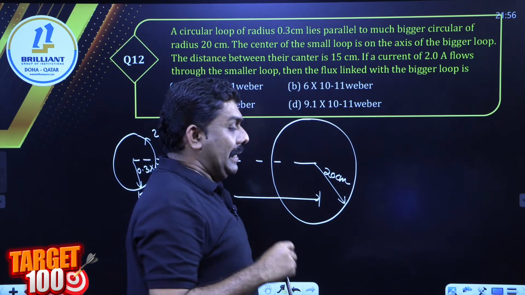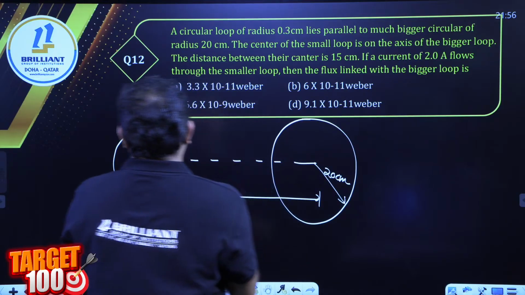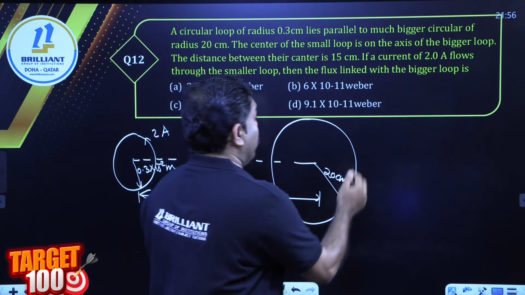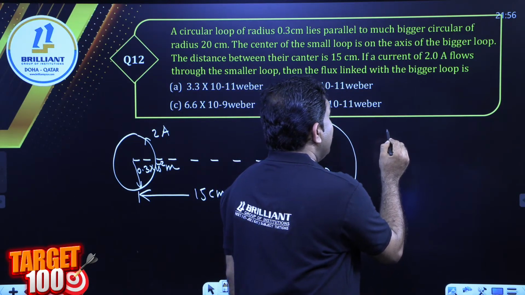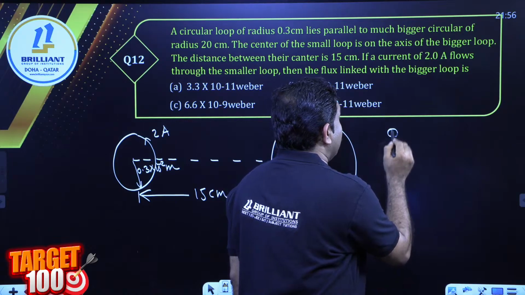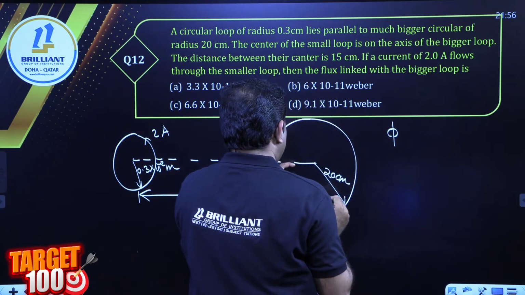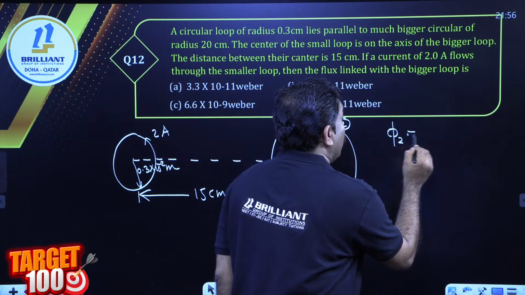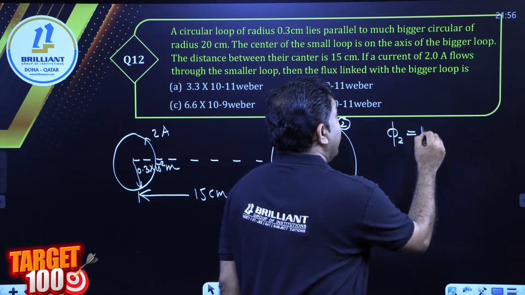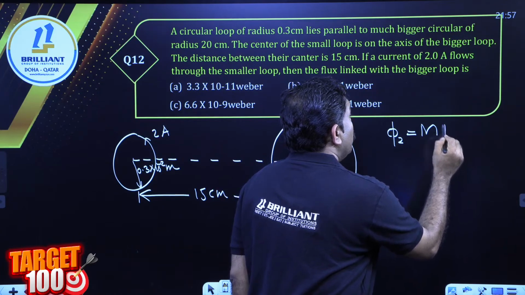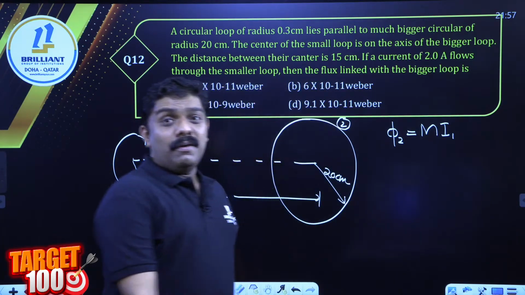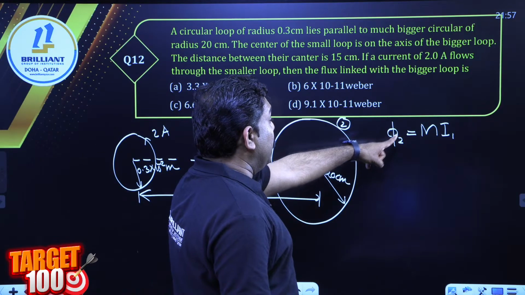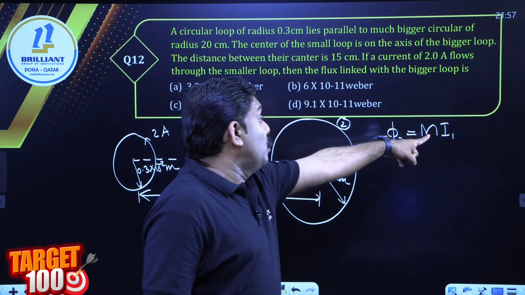In order to find that, first we consider this formula: the flux linked with the second loop is equal to the mutual inductance into I1, because we know flux is equal to Mi.